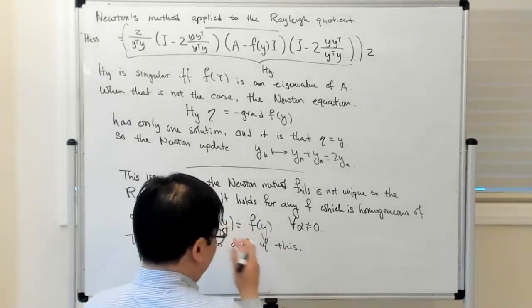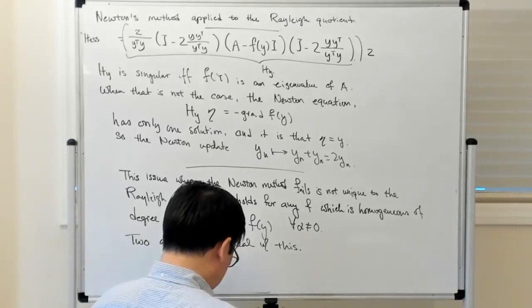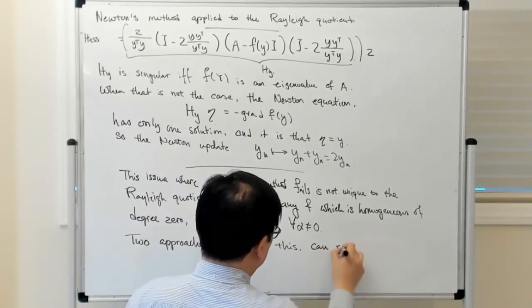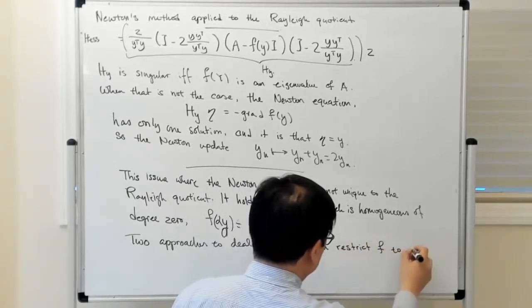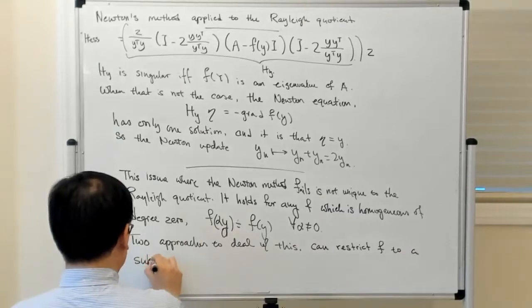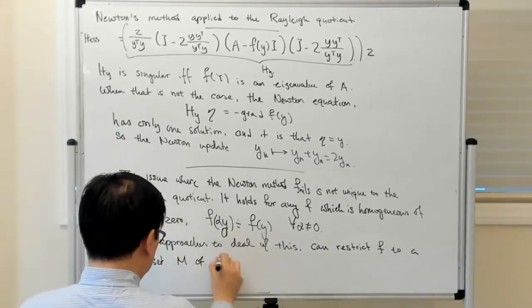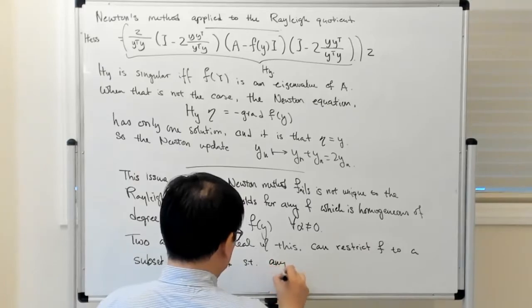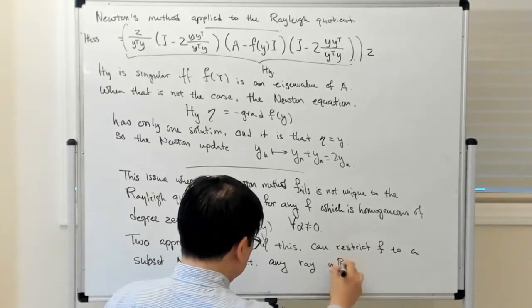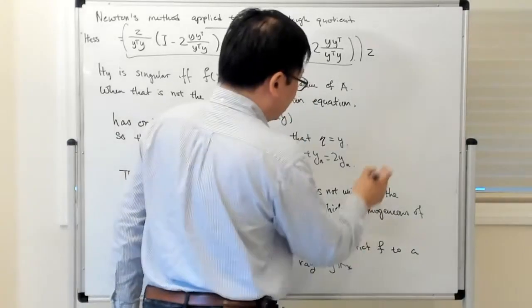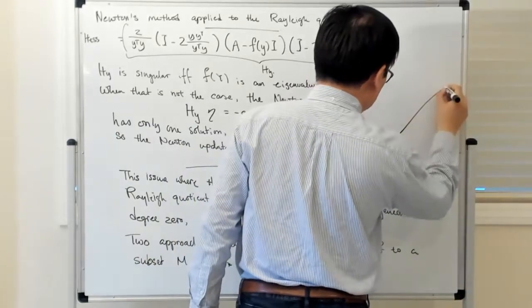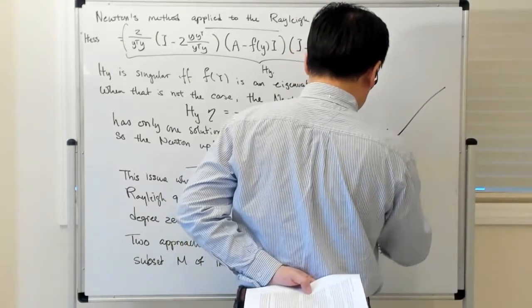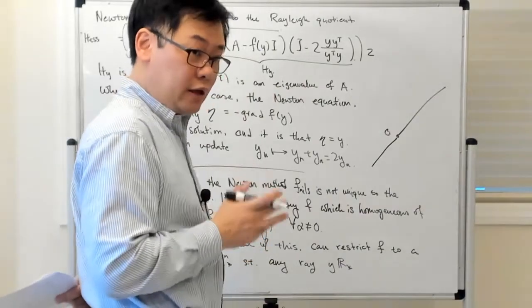One is to restrict f to a subset M of Rn star such that any ray y times r star... So the problem, if this is the origin, is that this whole ray of points, actually in both directions, have the same Rayleigh quotient.